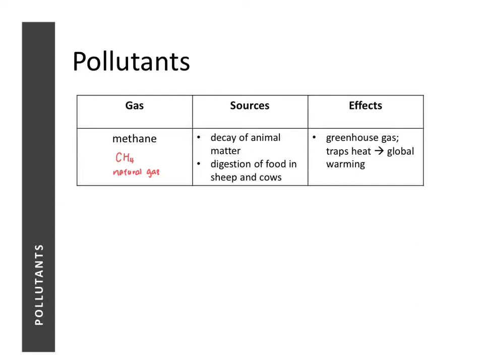So the effect of methane is that it's actually a greenhouse gas. Later there is a section that is dedicated to the greenhouse effect, where we're going to look at greenhouse gases again. So methane is a greenhouse gas which will trap heat radiated from Earth, and too much of it can lead to global warming.